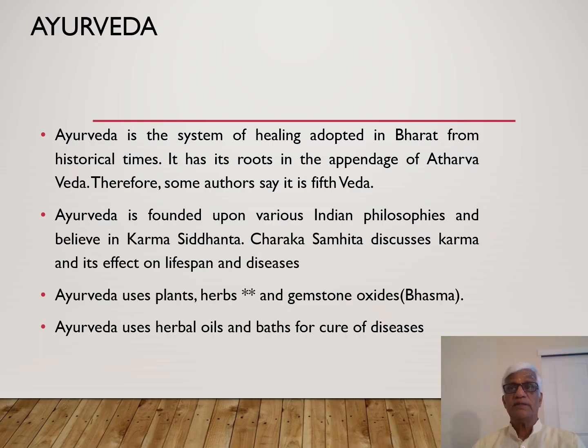Aushadam means what is derived from oshadhi. Oshadhi means plants and herbs. So the main source of Ayurvedic medicine are plants and herbs. Ayurveda also uses external application of herbal oils and specially specified baths for curing of diseases.